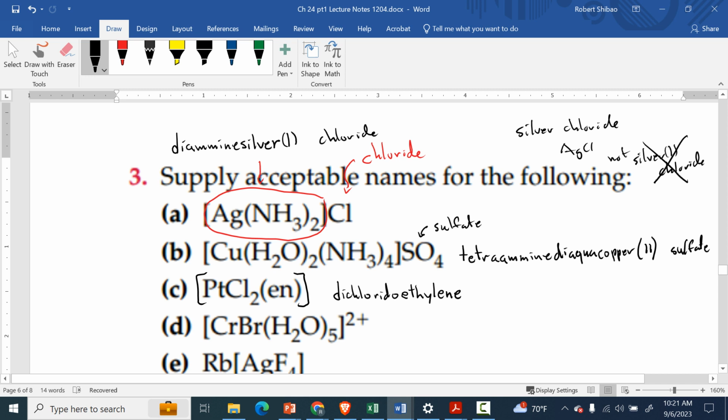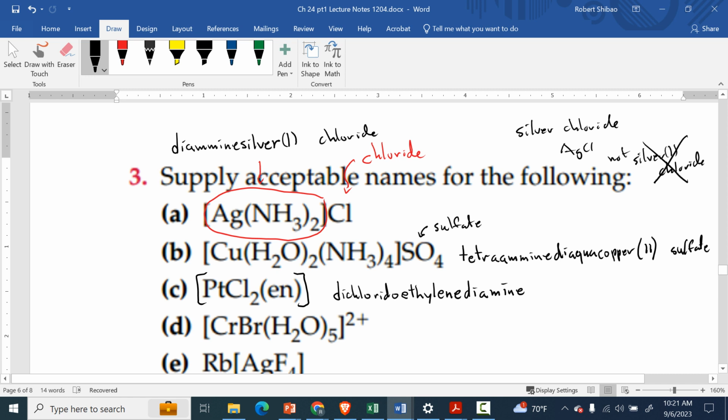Okay, and then D-I-A-M with 2 M's or 1 M? 1 M. Diamine. Now, this might be confusing because this might look like we have 2 chloridos, 1 ethylene, and 2 amines.